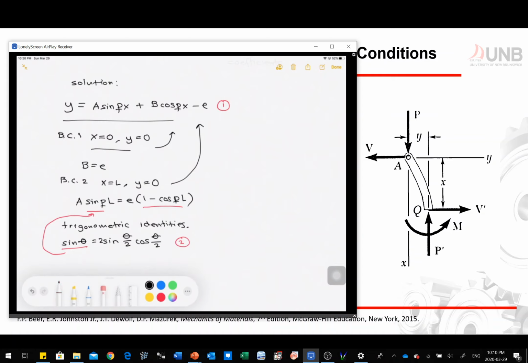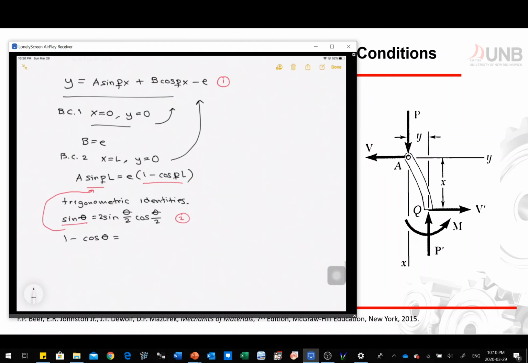Now we can also use a second trigonometric identity, which is 1 minus cosine of theta is equal to 2 sine squared theta divided by 2, and let's call that equation number 3. Now using equations 2 and 3, so I need to go back here.